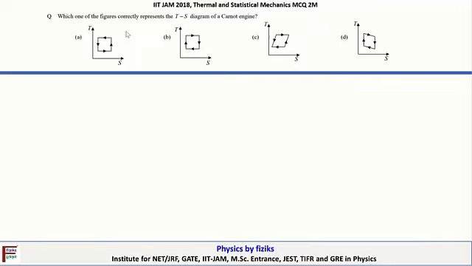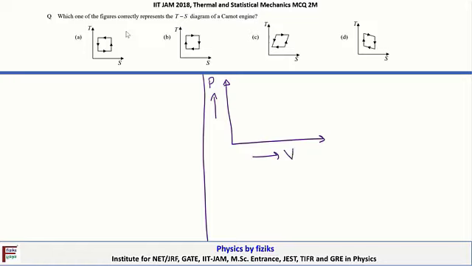Which one of the following figures correctly represents the TS diagram of the Carnot engine? Okay, so let's try to understand it. We know that a Carnot cycle consists of four different reversible processes. Here is a PV diagram for the Carnot cycle.